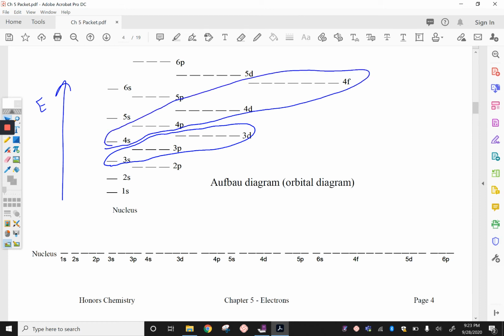But not all the sublevels in the 3rd energy level are lower in energy than all of the sublevels in the 4th. What does that mean? Look at this right here. You'll see you go 3s, 3p, then 4s, and then 3d. So the 3d is actually higher in energy than the 4s. That's kind of interesting, right?